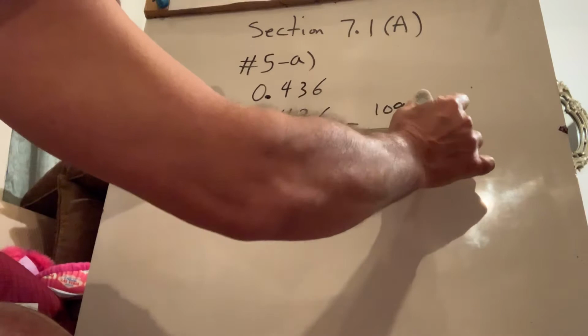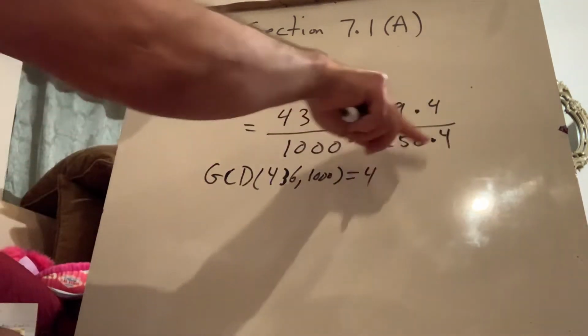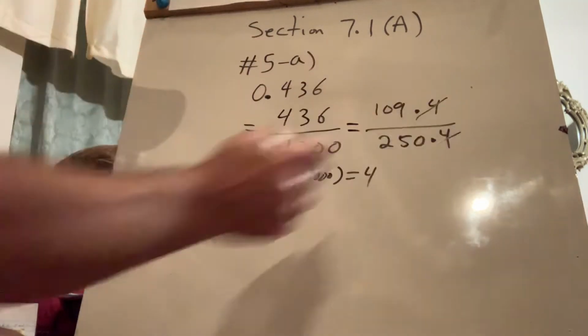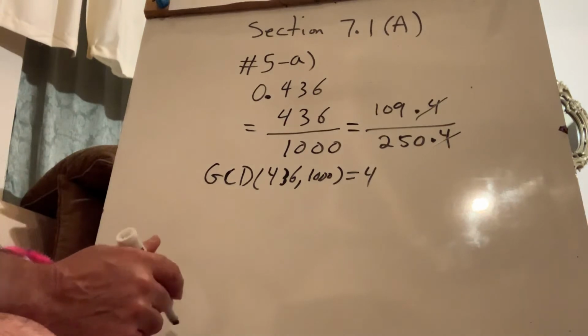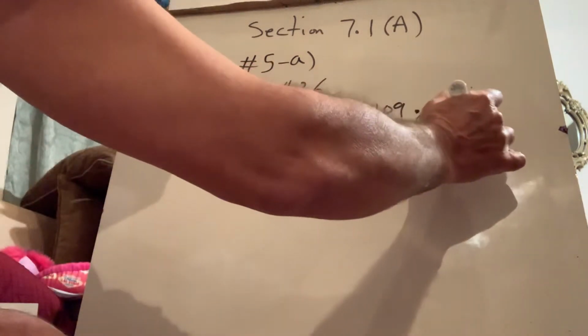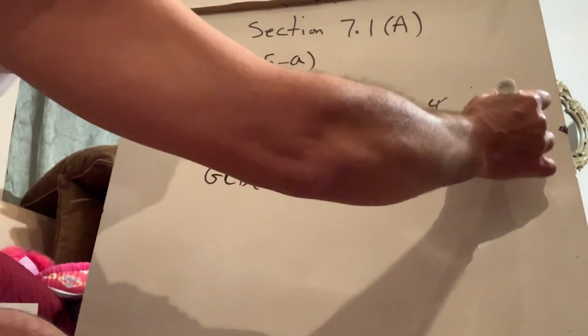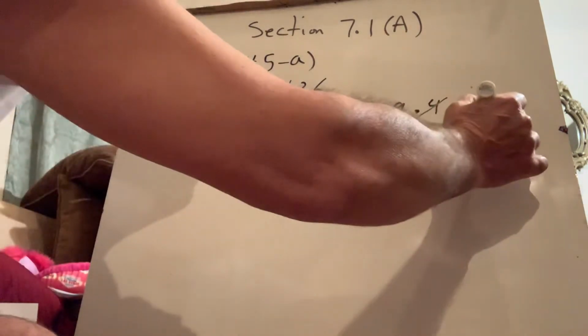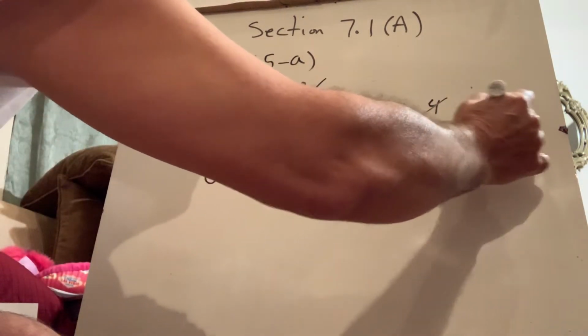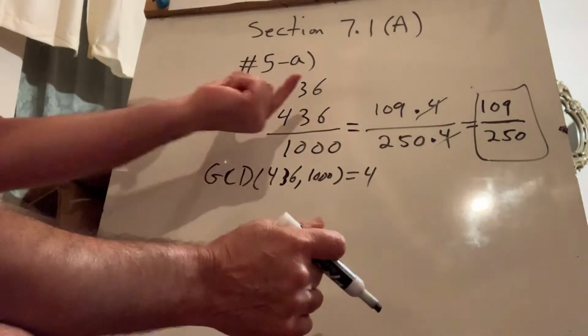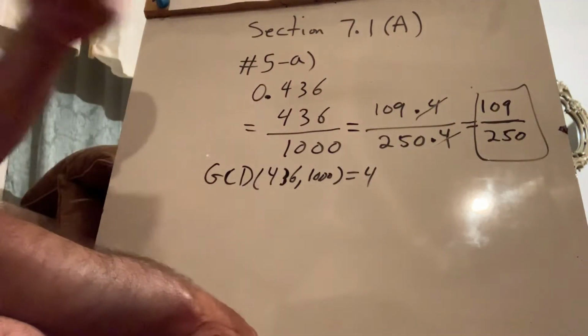So as you can see, their biggest common factor is 4. So as you reduce it by canceling the 4s, you end up with the final answer 109 over 250. Okay, and there it is. So there is your fraction representing the same terminating decimal, and of course in reduced form.